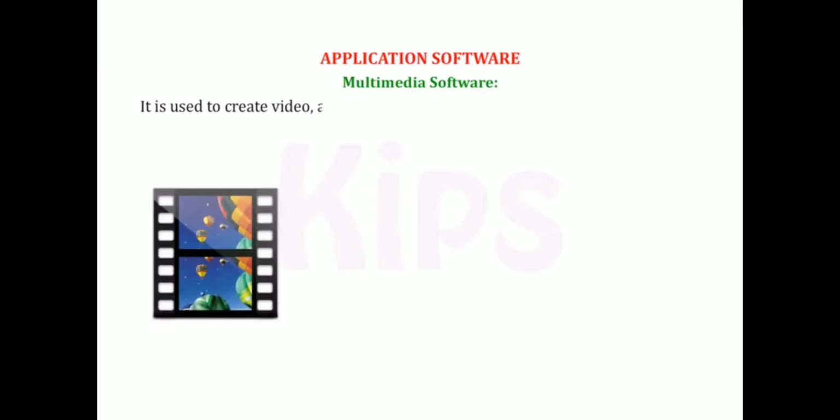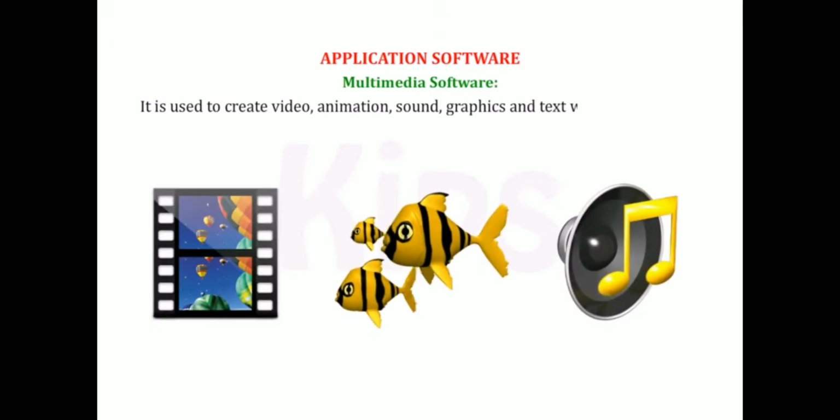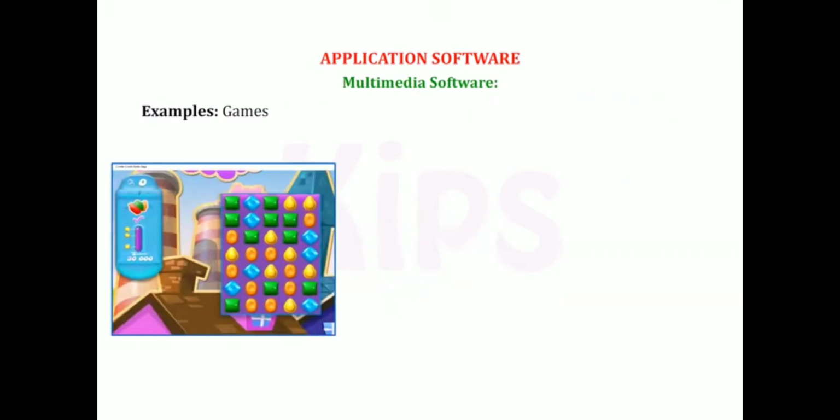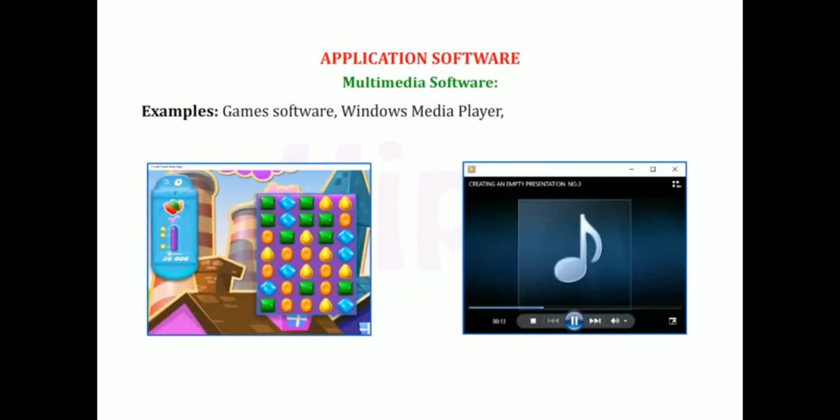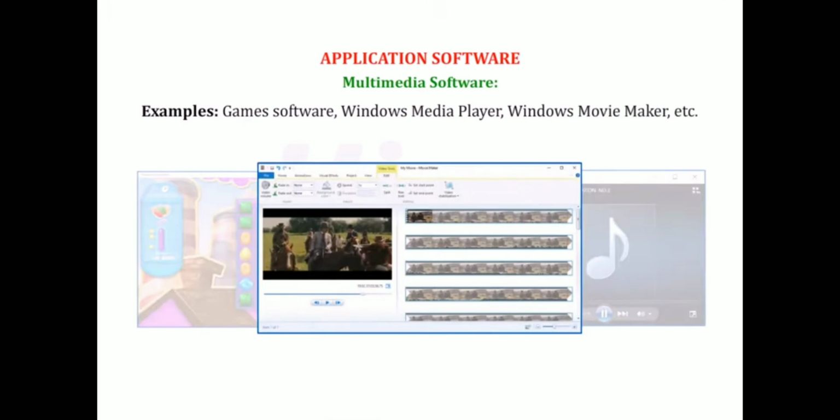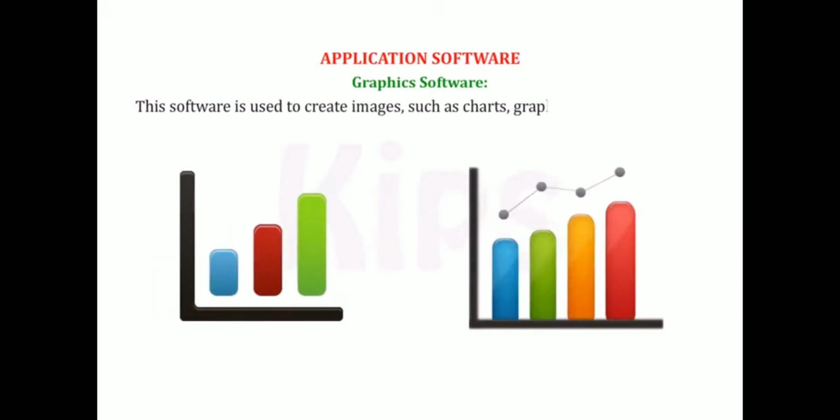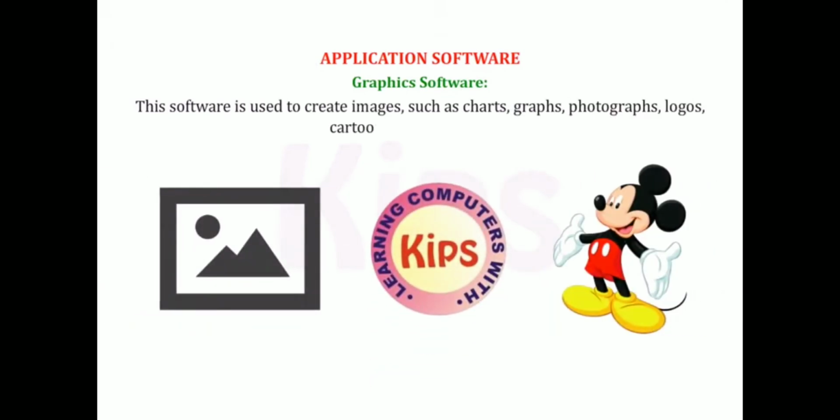Multimedia software. It is used to create video, animation, sound, graphics, and text with a high degree of interaction. Examples: game software, Windows Media Player, Windows Movie Maker, etc. Graphics software. This software is used to create images such as charts, graphs, photographs, logos, cartoons, and much more.